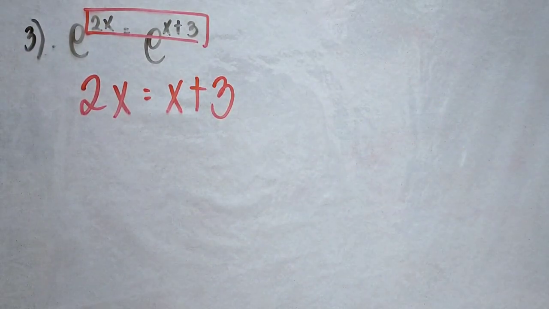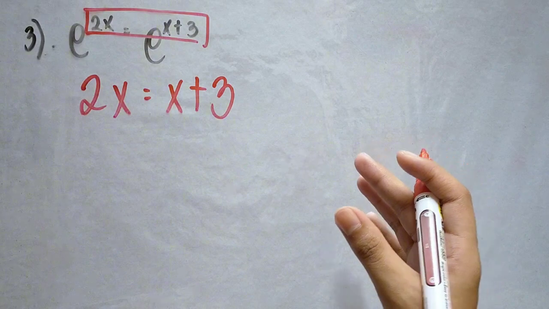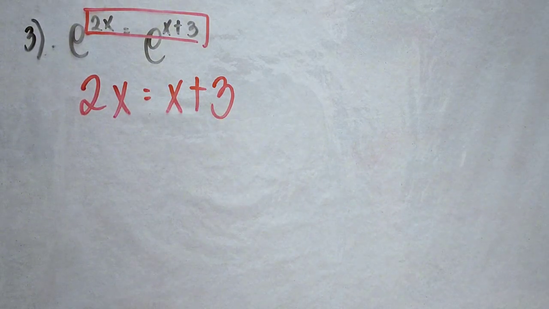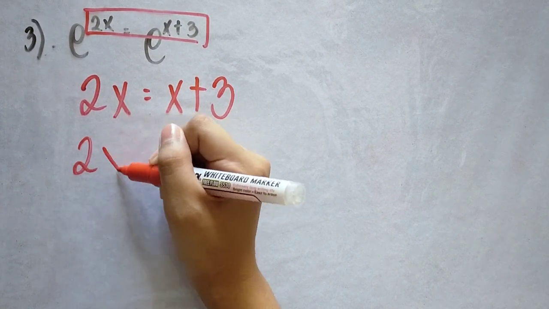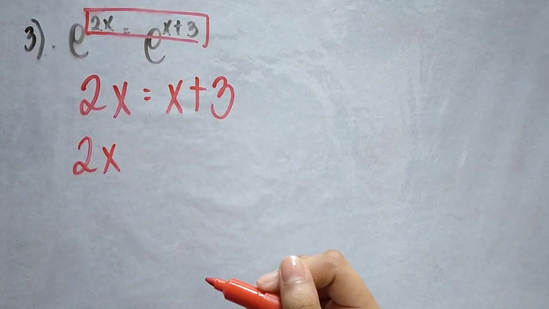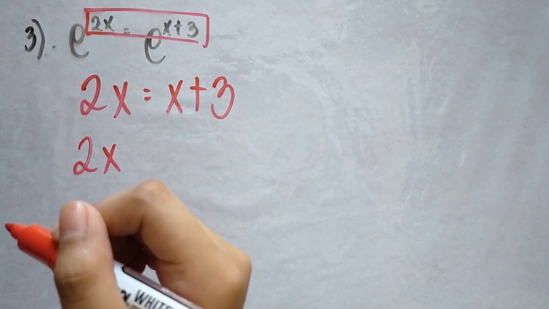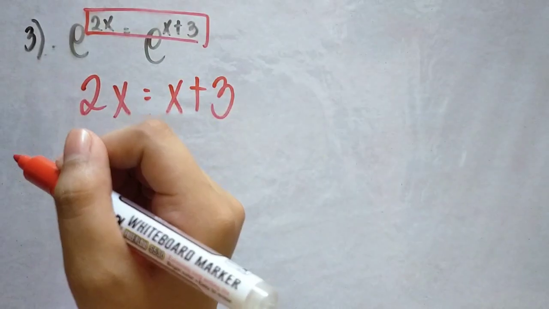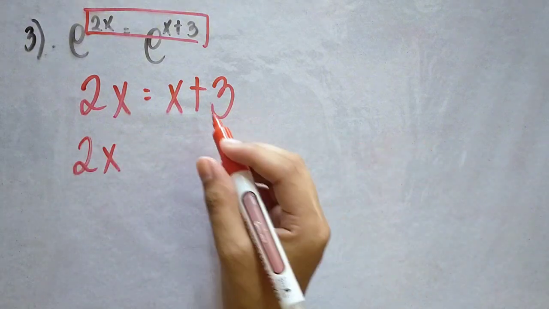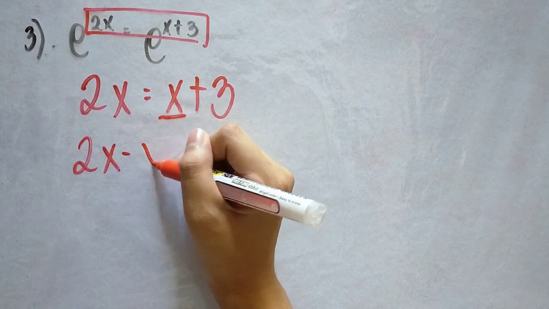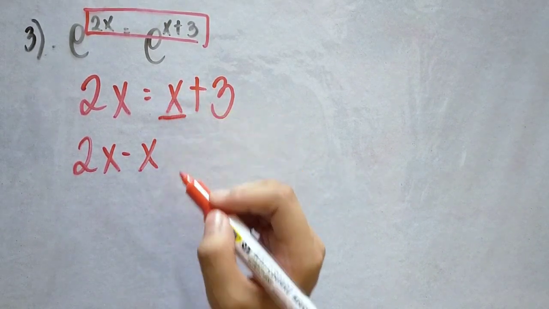Since x nga yung hinahanap natin dito, kailangan natin mag-transpose para maging isa na lang yung x natin. So, one of the rules na ginagawa every time na nagtatranspose tayo is pag maglilipat tayo sa kabilang side, ang positive is magiging negative at ang negative ay magiging positive. So, since ito yung ililipat natin, magiging negative na siya kasi positive siya dito.